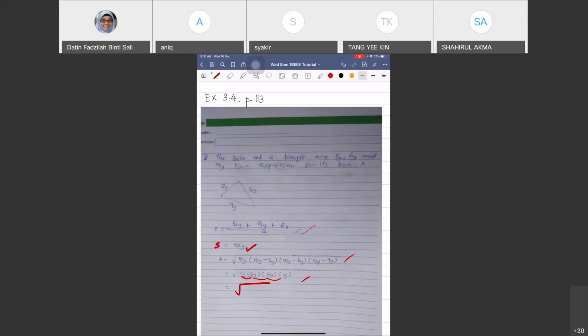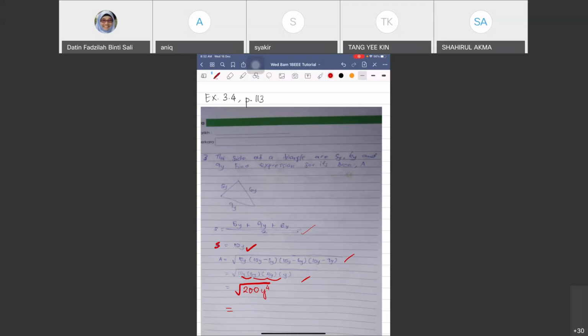You just need to simplify. You multiply the whole thing: 10 times 5y times this times this. So if you do that, what do you get in the square root? Compute that. What do you get? 200 y to the power of 4. Yes. But then you just need to simplify, just one more step. The square root of 200 is basically the square root of 100 times 2, so the square root of 100 is 10.